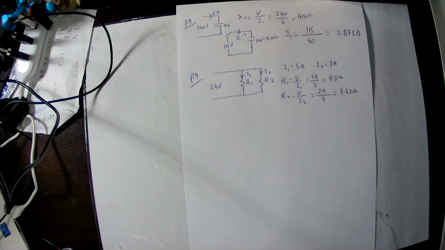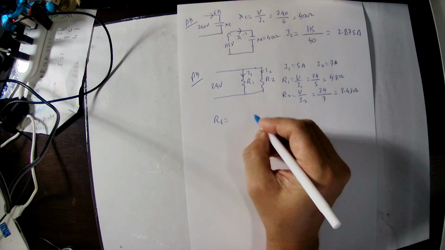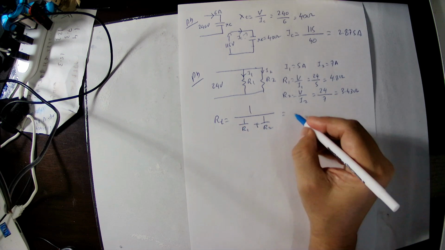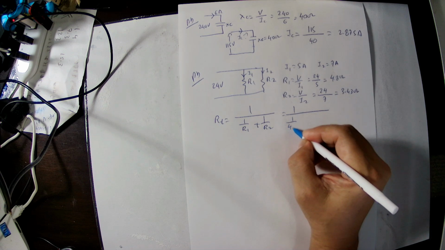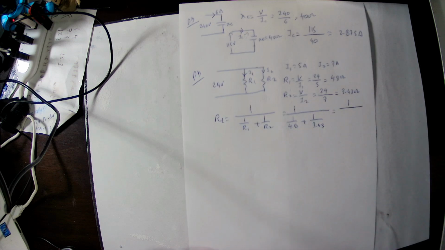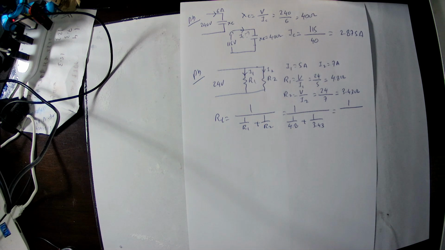And we also need to find the equivalent resistance, R total. 1 by R total is 1 by R1 plus 1 by R2. So 1 divided by 4.8 is 0.208. 1 divided by 3.43 will be 0.2915.